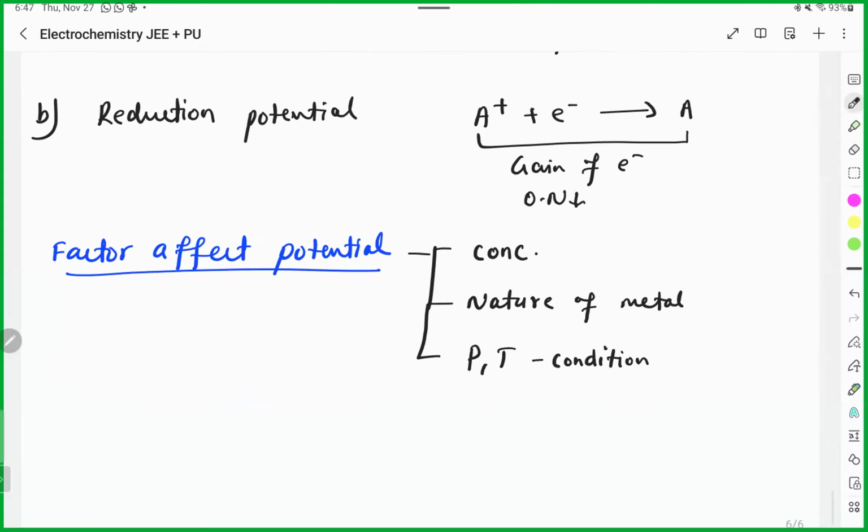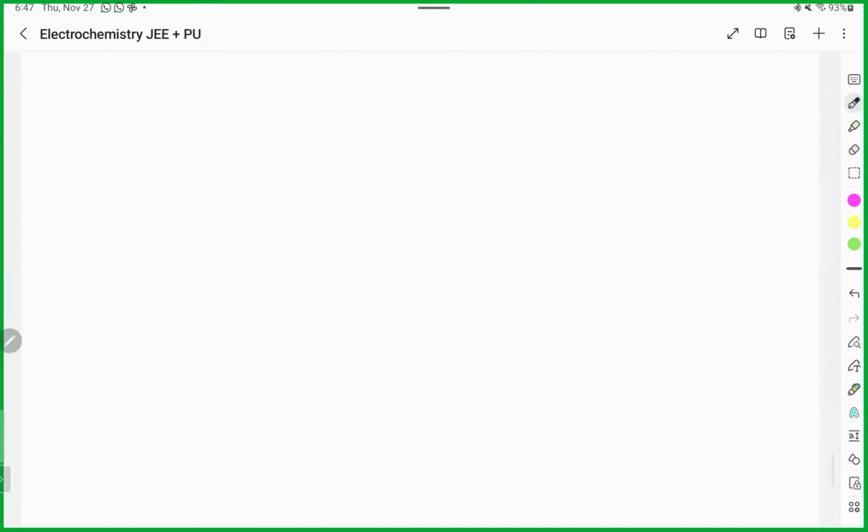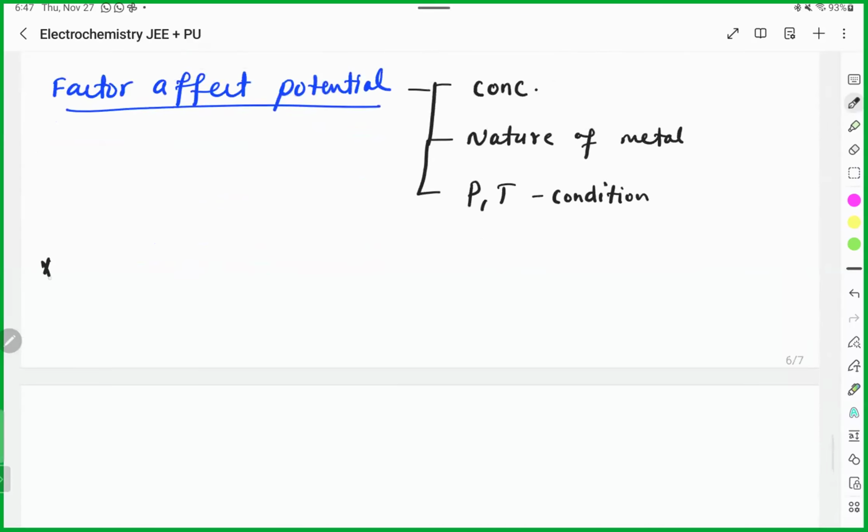What is the reference electrode, Samarth? Hydrogen. Why? Sir, it separates the two groups, negative and positive electrode potential, because the value is zero.